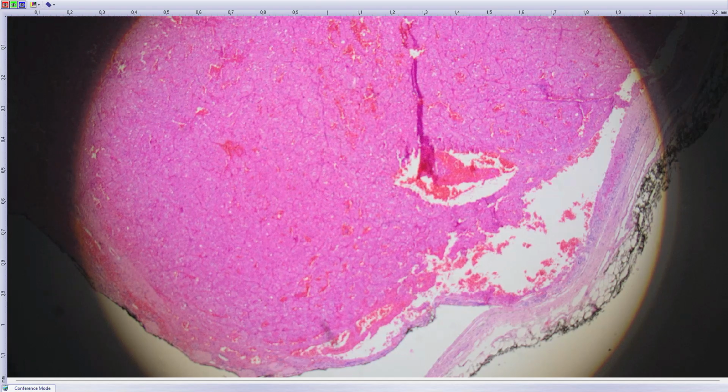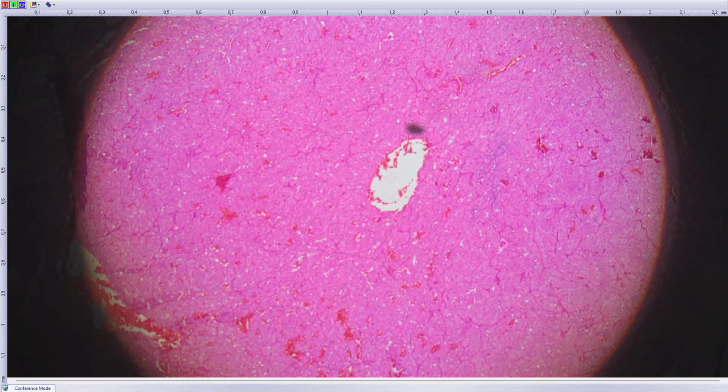Okay, we will switch to another case. My other case will be, again, a consult case from last week, and I got a tumor from a lady about 70 years old.